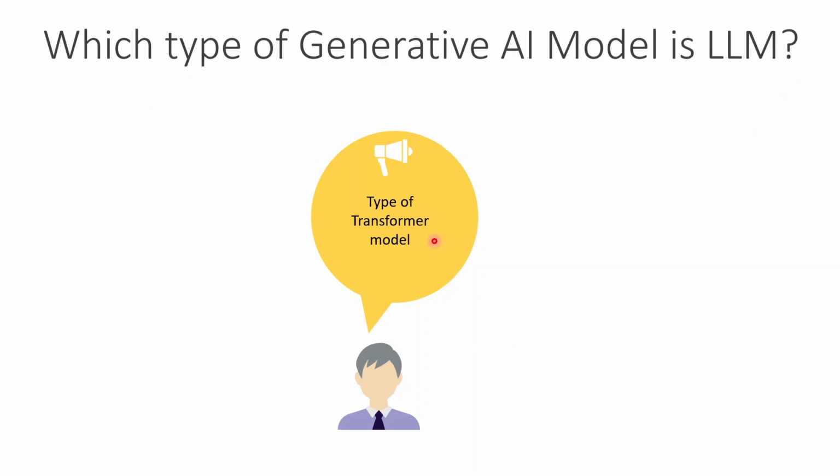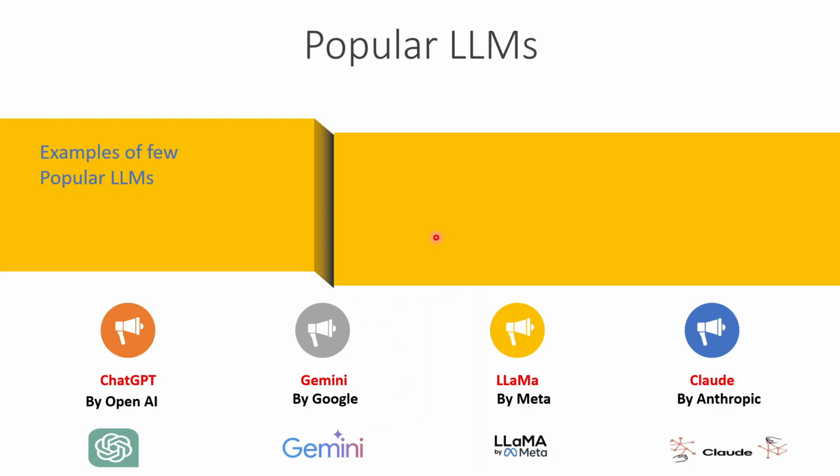And the answer is, it is a type of transformer model, the one which we have seen in our previous slide. Let's have a look at some of the popular LLMs now. So we have almost four of them. ChatGPT by OpenAI, Gemini by Google, Llama by Meta, Claude by Anthropic.